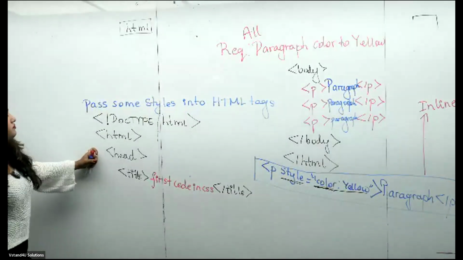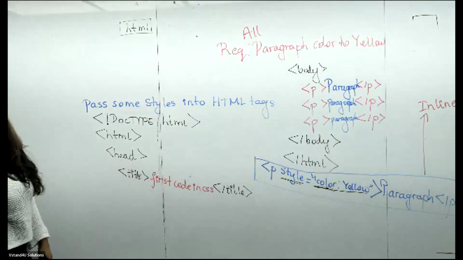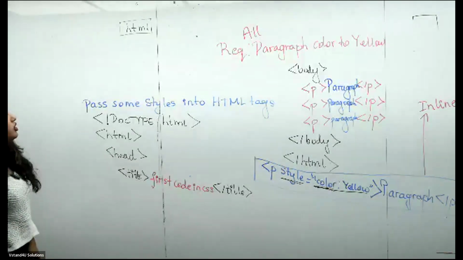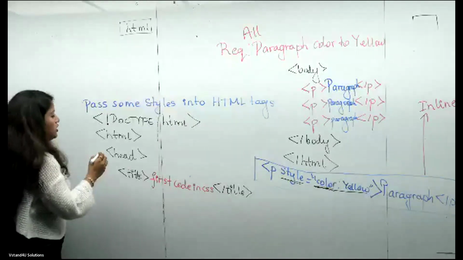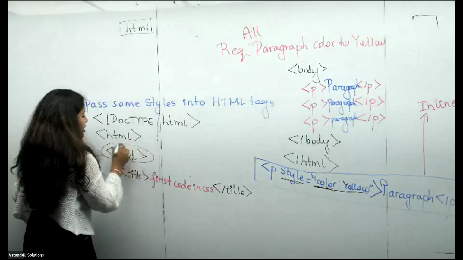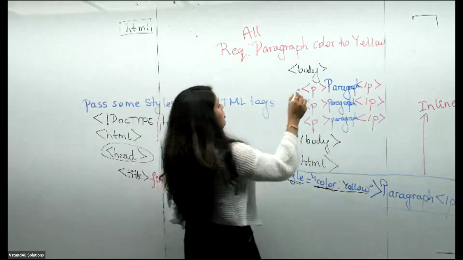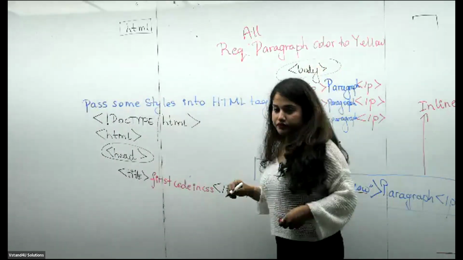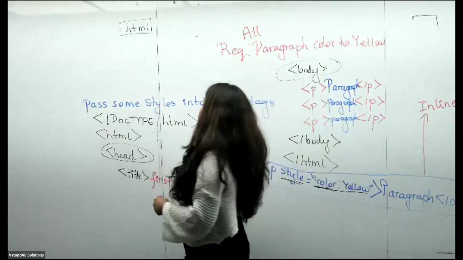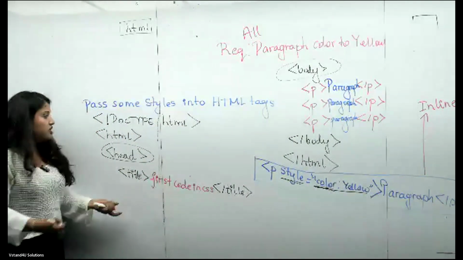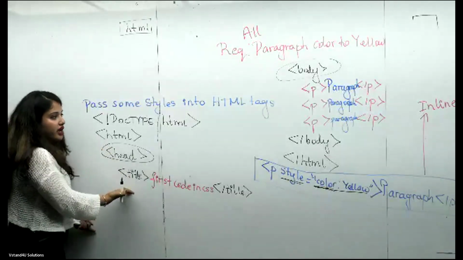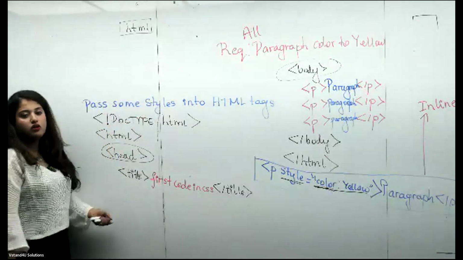Head and body tags. So can I say your HTML tag has 2 child tags, the head tag and the body tag? Some people will say, ma'am, even title is a child. No. Even inside this HTML tag you have a title tag and a paragraph tag.